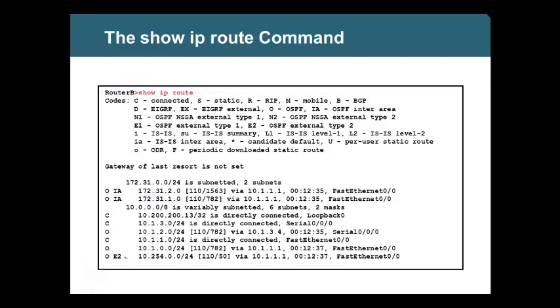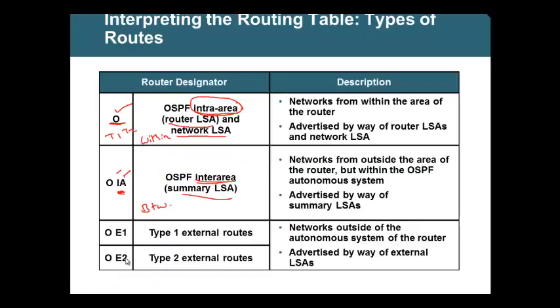Next, the routes that are coming from the ASBR, the routes that are coming from RIP or EIGRP. How do they come? They come because we redistributed.